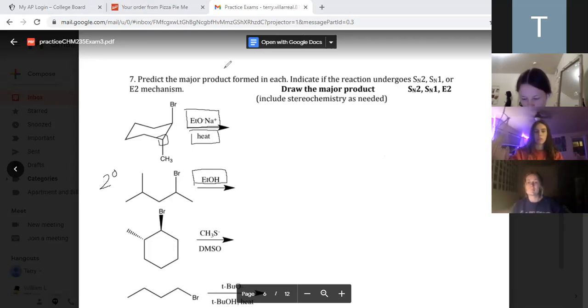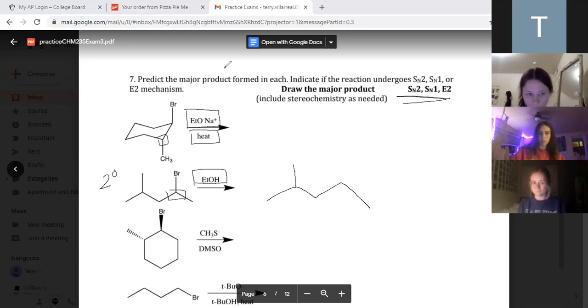Normally, I have to worry about SN1 and E1 competing, but do I have to worry about it in this problem? No, because you only have these three. So it is simply going to be a substitution. Is this carbon currently a stereocenter? Nope. So I don't have to worry about two answers, and it's not next to a tertiary.